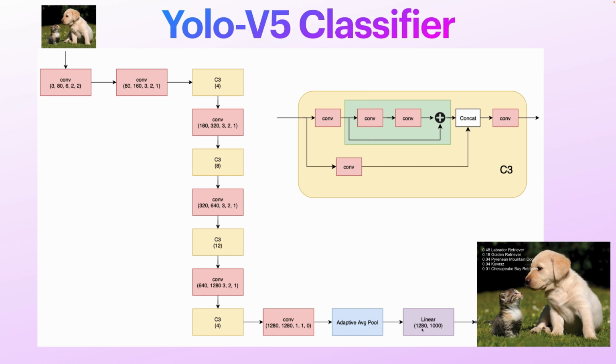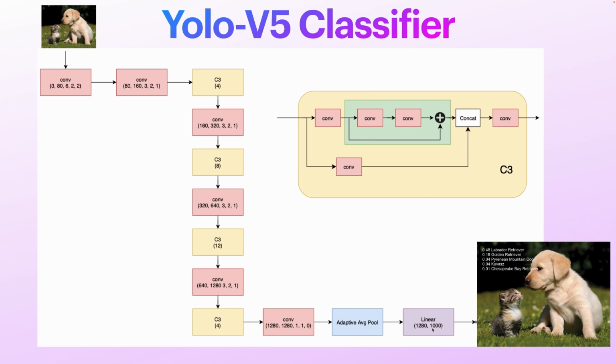Here, this fully connected layer is expecting a vector of dimension 1280, right? So this adaptive average pooling takes this convolution output and converts it into a single dimensional vector of dimension 1280. It's actually average pooling. So this 1280 dimension vector will go as input to this fully connected layer, and this fully connected layer will give me the output as 1000 categories.